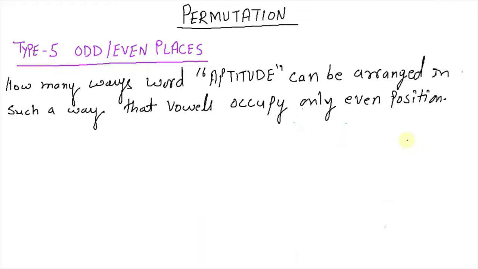Now let's deal with another example. The question is how many ways the word aptitude can be arranged in such a way that vowels occupy only even positions. The word we have is aptitude.